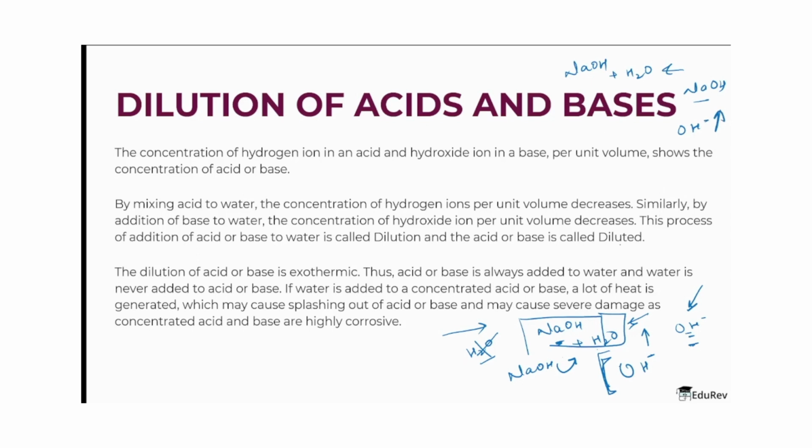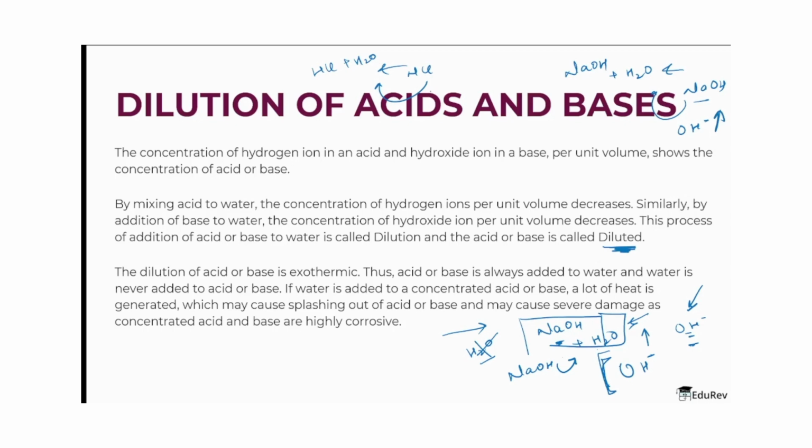So in this case, I can say that it's more concentrated when I'm adding a base to a base, or suppose instead of NaOH, it was HCl plus water, and I added more HCl to it. I am making it more concentrated because I'm adding acid to acid or base to base.